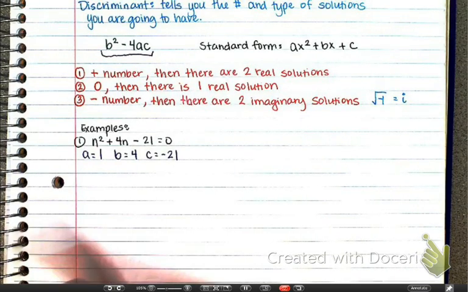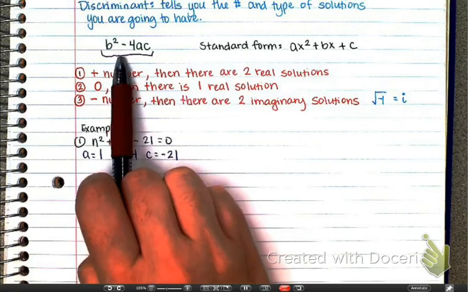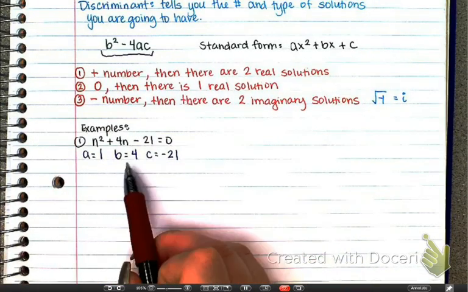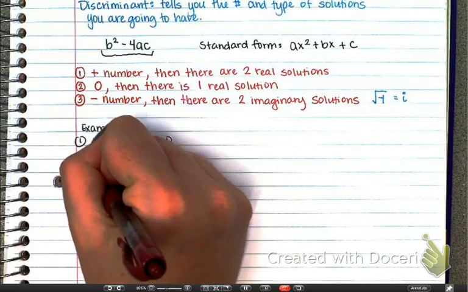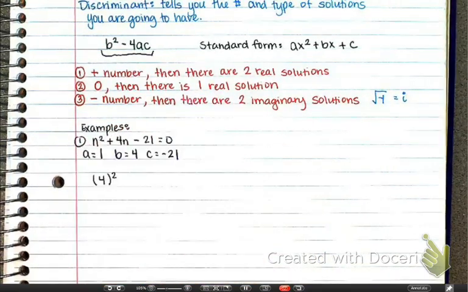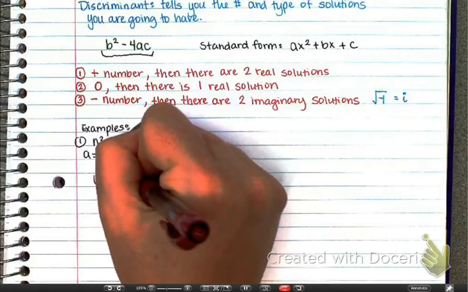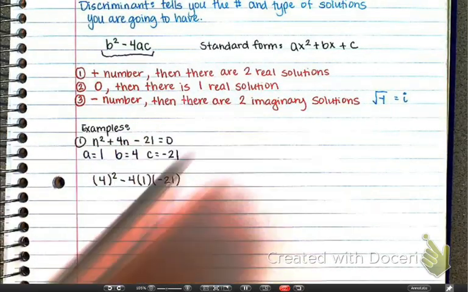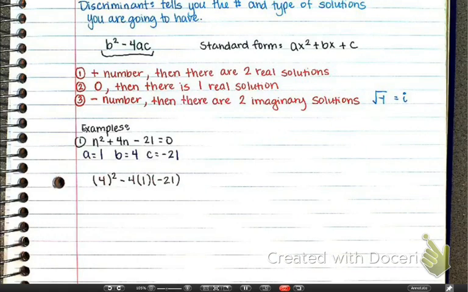We're then literally going to plug a, b, and c into b squared minus 4 times a times c. So b squared, 4 squared, minus 4 times a times c. Simplify.